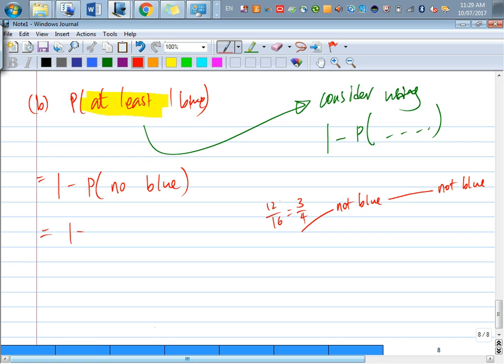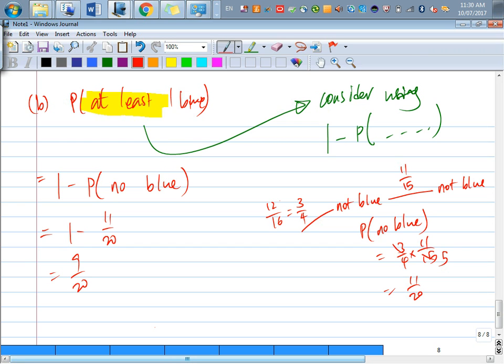So after you take out one that is not blue, we are left with 15 cards. And it will be 11. Because you take out one that is not blue, you are left with 11. So now probability that both are not blue is P no blue equals to 3 over 4 times 11 over 15, which is 11 over 20. So 1 minus 11 over 20, you get 9 over 20. Okay?